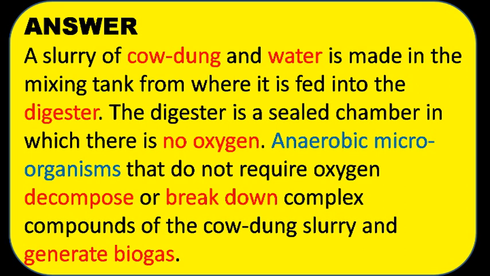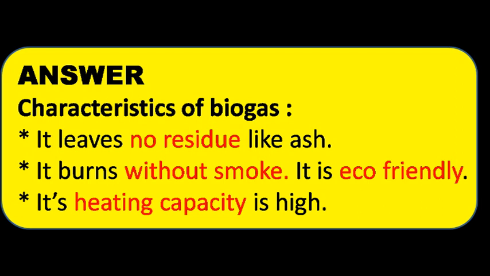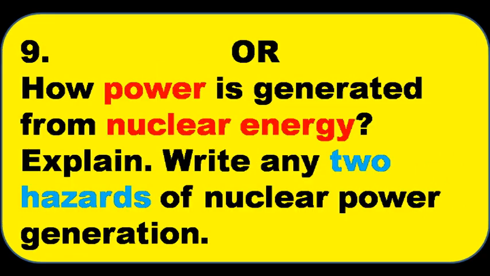Anaerobic microorganisms that do not require oxygen decompose or break down complex compounds of the cow dung slurry and generate biogas. Characteristics of biogas are: it leaves no residue like ash, it burns without smoke, it is eco-friendly, its heating capacity is high.